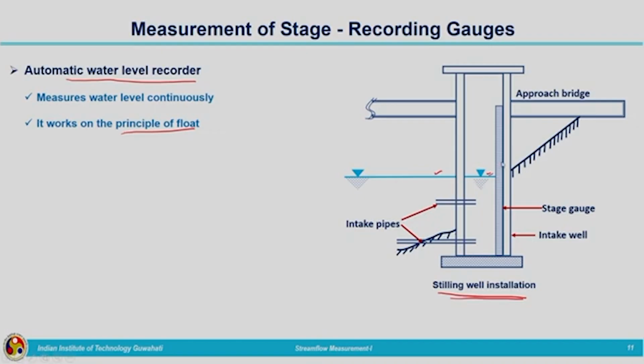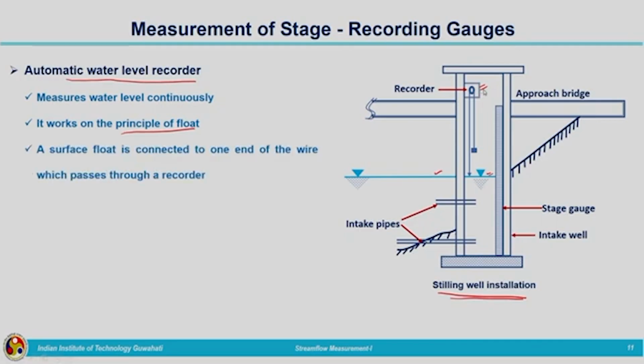Now, how is this water level measurement done automatically? We are having a recorder like this, a pulley weight arrangement is there, and a surface float is connected to one end of the wire passing through this recorder. You can see this is a wire, through this pulley it is moving.